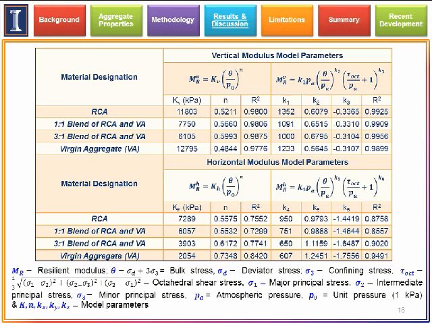So an increase in the K value results in an increase in resilient modulus value. So the single source materials and the virgin aggregate materials had higher K values compared to the blended materials.